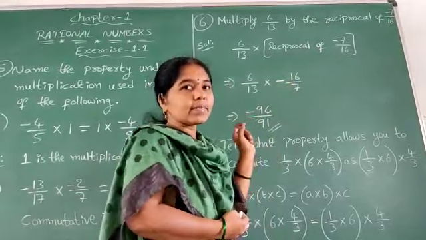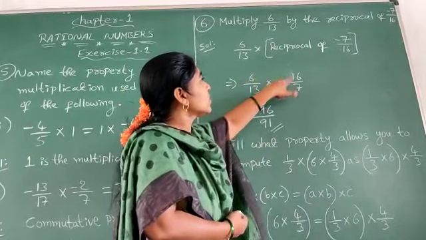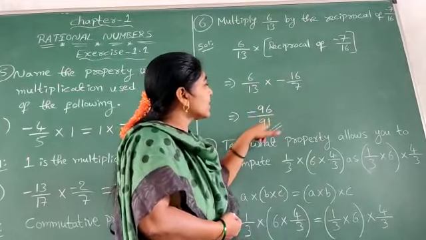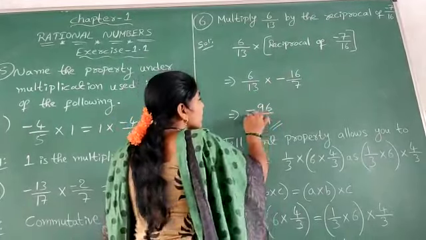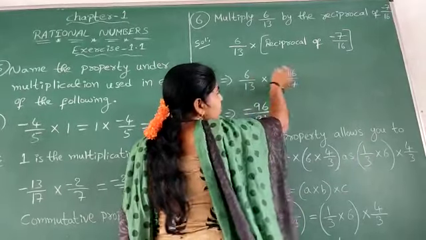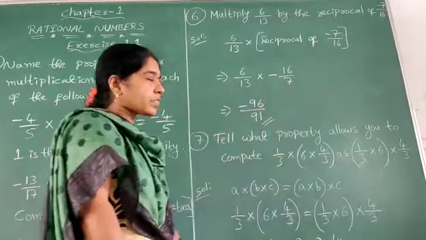Reciprocal in the sense multiplicative inverse. Okay, 6 into minus 16. 16 6s are 96. Minus you write down. 13 7s are 91. Why? Because plus into minus is minus. 16 into 6 or 6 into 16 is equal to 96 and 13 7s are 91.